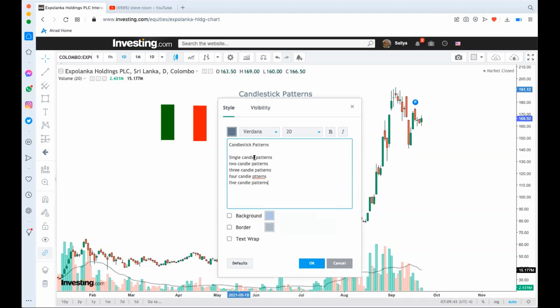These are the types of patterns available when it comes to candlesticks, and they are useful. Today, as I mentioned, we will be talking about the single candle patterns.